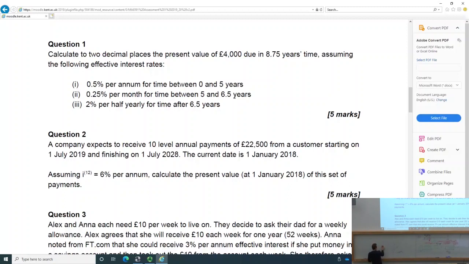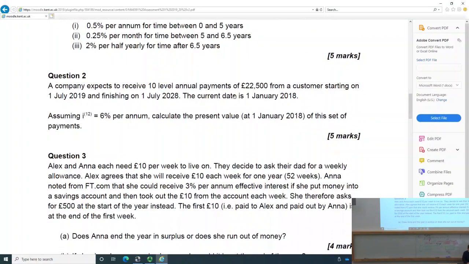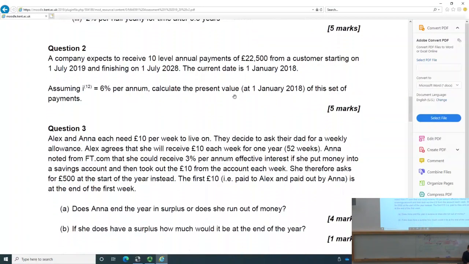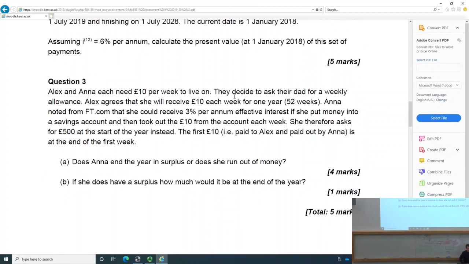Right, so let's have a look at what's next then. Question 3. Alex and Anna each need £10 per week to live on. They decide to ask their dad for their weekly allowance. Alex agrees that she will receive £10 per week for 1 year.